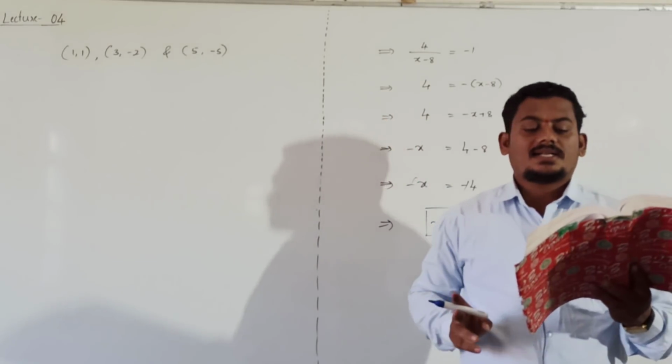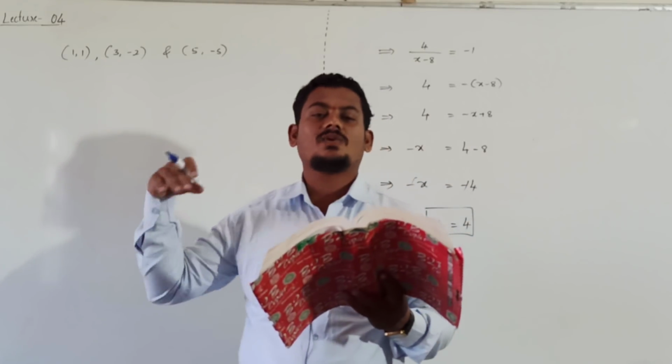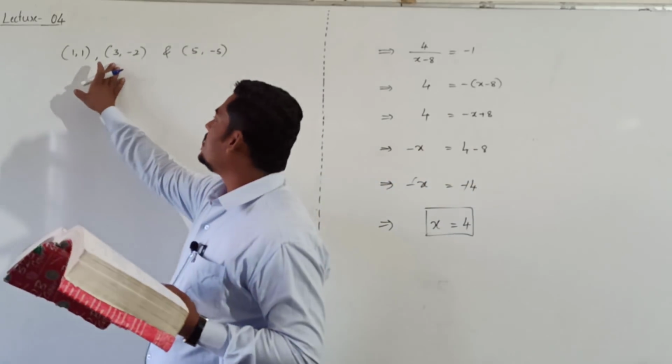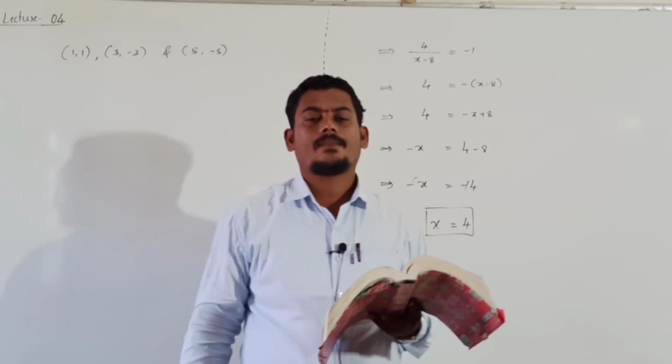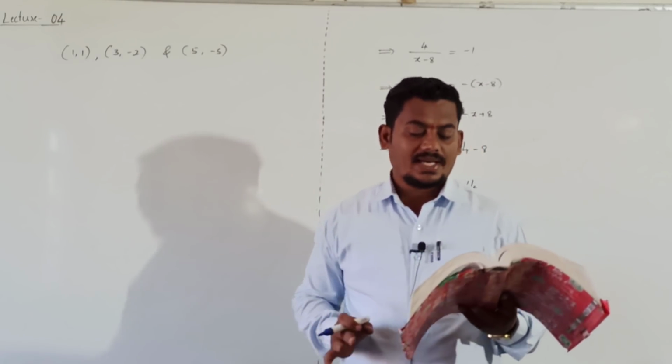These three points are said to be collinear only when the slope of the first two points is equal to the slope of the next two points, right? If the slope of the first two points is equal to the slope of the next two points, then what do you conclude? Clearly the points are collinear, meaning they lie on the same line.